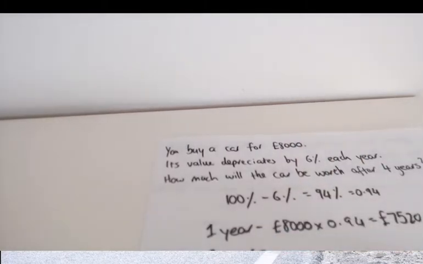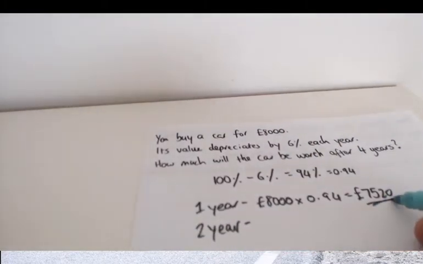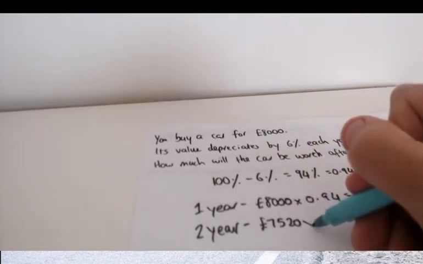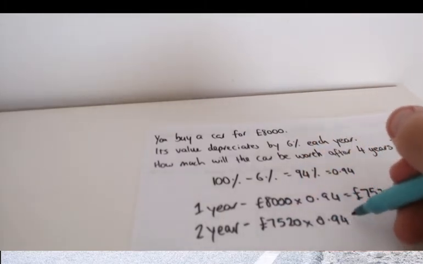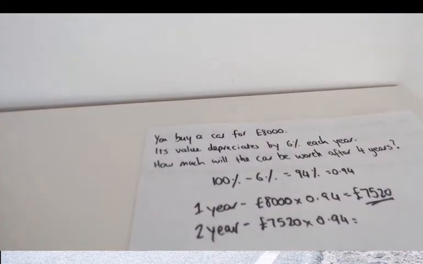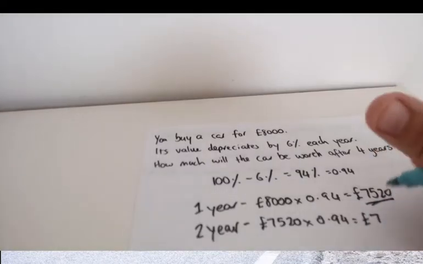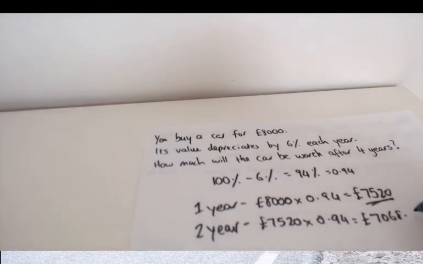So now I'm going to take the new value, and again I'm going to multiply that by 0.94, because yet again it goes down by another 6% that year too. And that gives me, you can check this on your calculator, £7,068. 0.8 is what the calculator says, but I know it's money, so I'll make it 0.80.